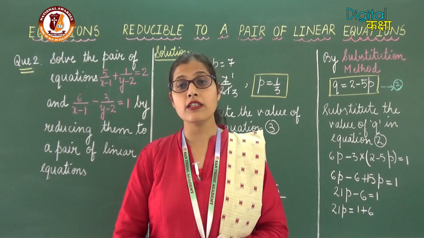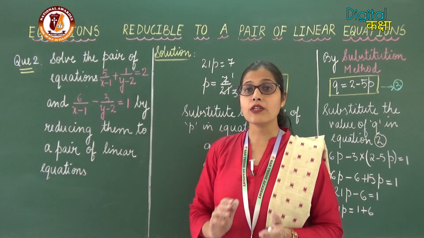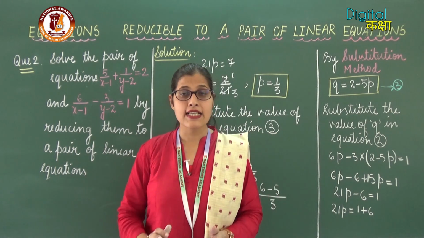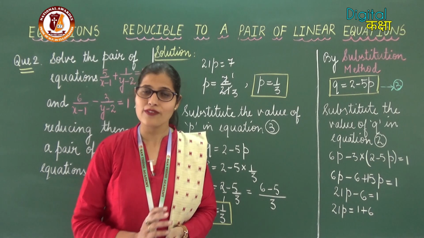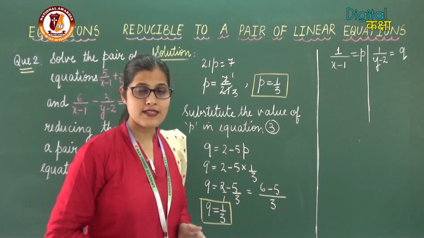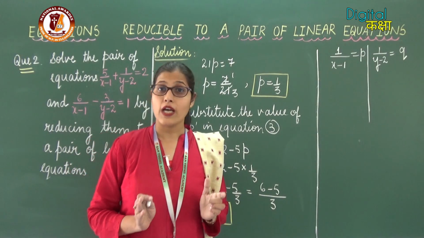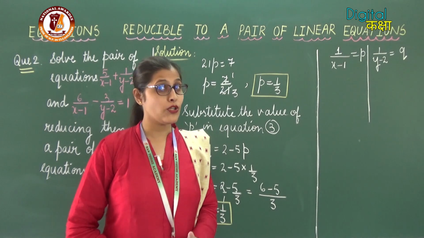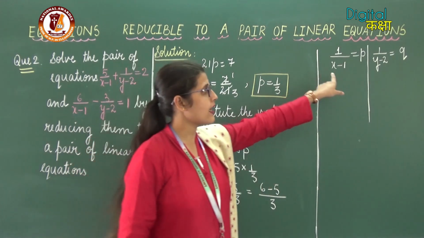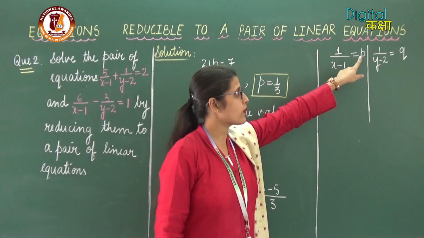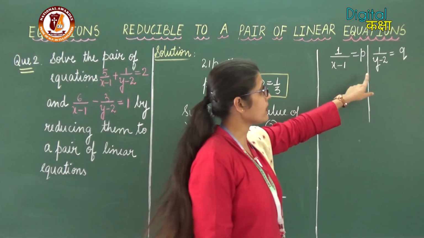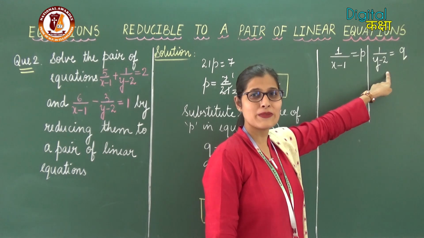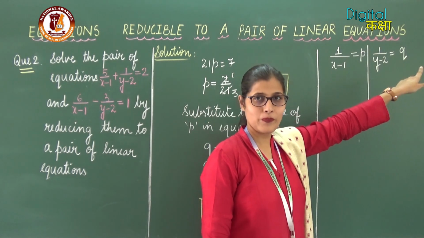We need to find the value of unknown variables x and y. So, let us solve the question further. Thus, in the beginning, we assumed that the value of 1 upon x minus 1 equals to p and the value of 1 upon y minus 2 equals to q.